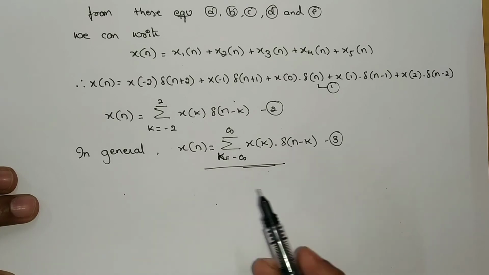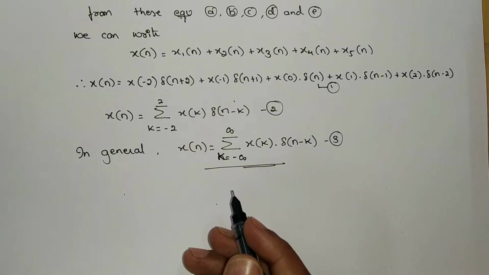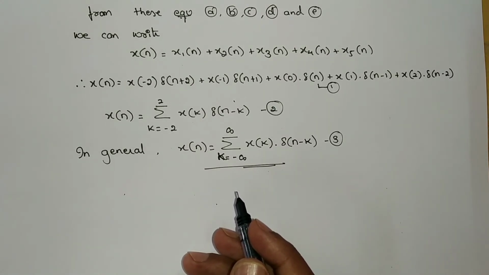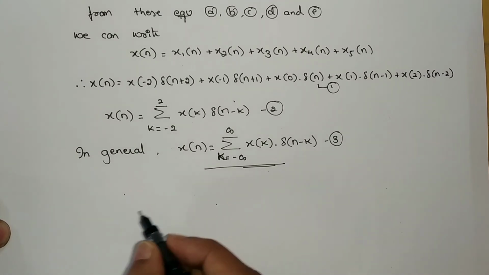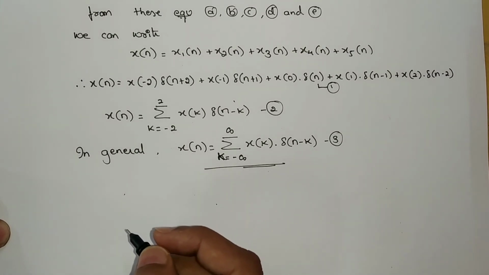Okay, but our LTI system, the time domain representation of our LTI system is to represent the output in terms of the input. The main aim is to represent the output in terms of the discrete time impulse responses of the input. So let us relate the output to the input by the general equation.